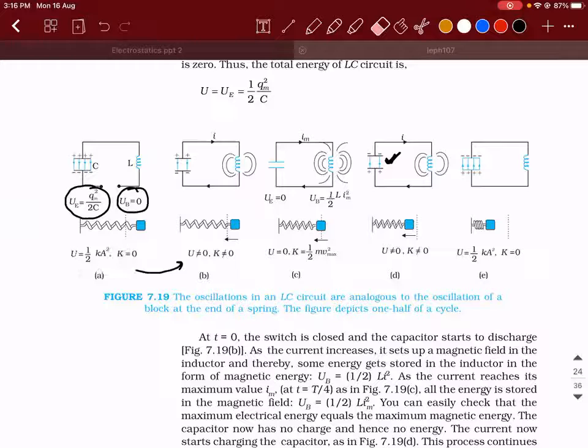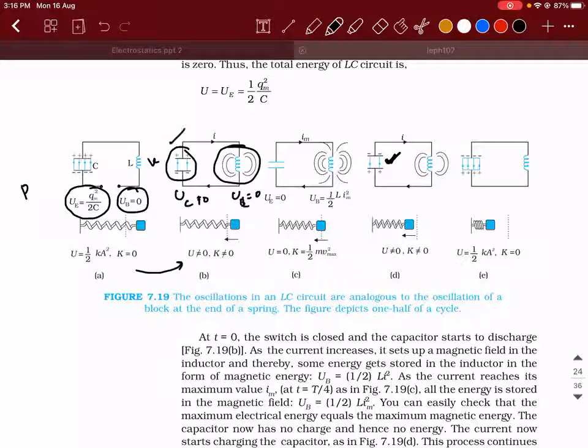Initially, they are treating this as potential energy and this as kinetic energy. Just to take a similarity, guys, it doesn't mean that the inductor has kinetic energy. No. Just to create a similarity between a mechanical oscillator and an LC oscillator, they are explaining this. So what will happen after some time is, this would have lost some energy and this would have gained some energy, such that the energy in the capacitor is not equal to 0 and the energy in the inductor is also not equal to 0.